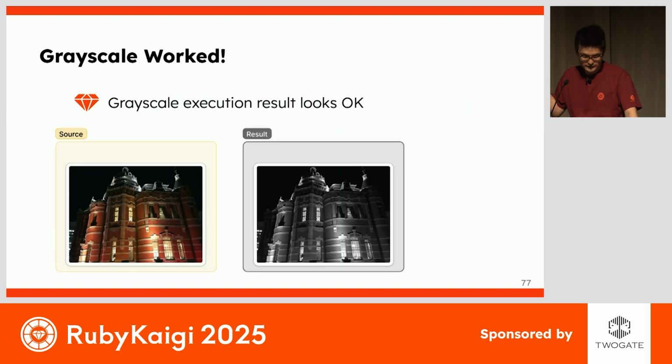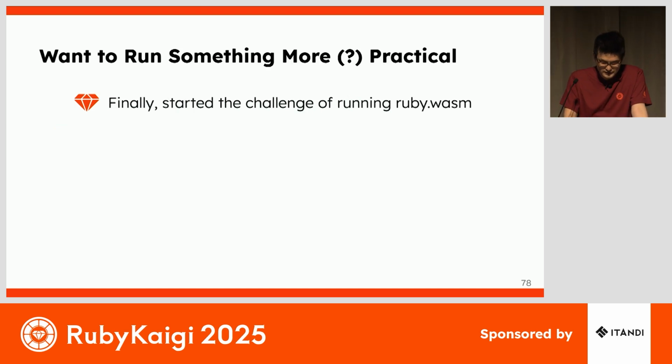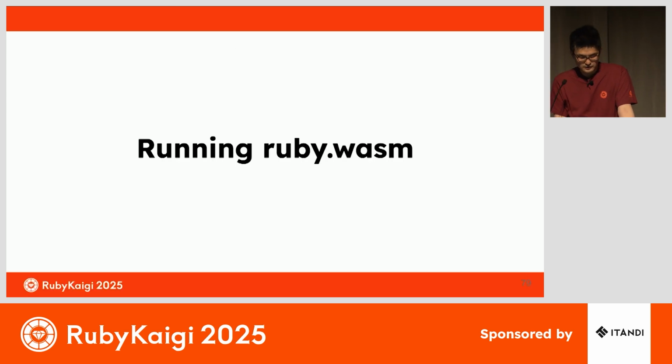It's working correctly, right? Looks like the expected examples. This gave me the momentum to run something even more practical. Yes, ruby.wasm.